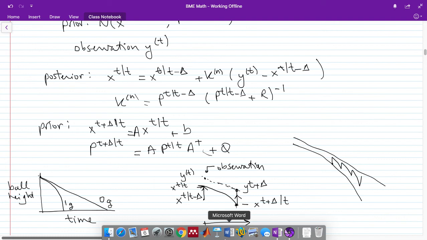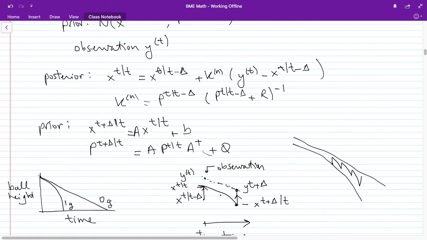And every time you see where the ball is, you correct based on what you see. You influence your prior, you bring it closer to what you observed. And then you make another prediction in the future. Your prior makes it so that your model is always tracking the reality, but it's not perfectly compensating for it.